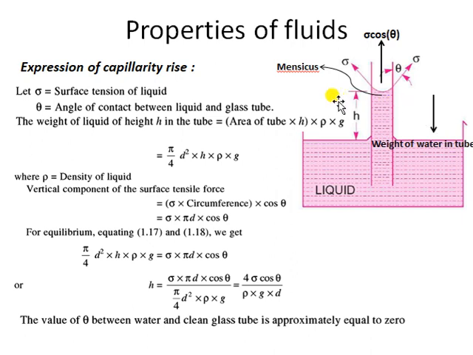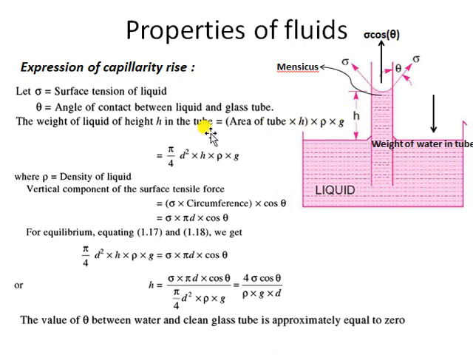Now before that we'll try to calculate the volume, or the weight, of water in the tube. So what is the weight of the water in the tube? Density into volume gives you mass, and if you multiply with g, that becomes weight, because m into g is weight.